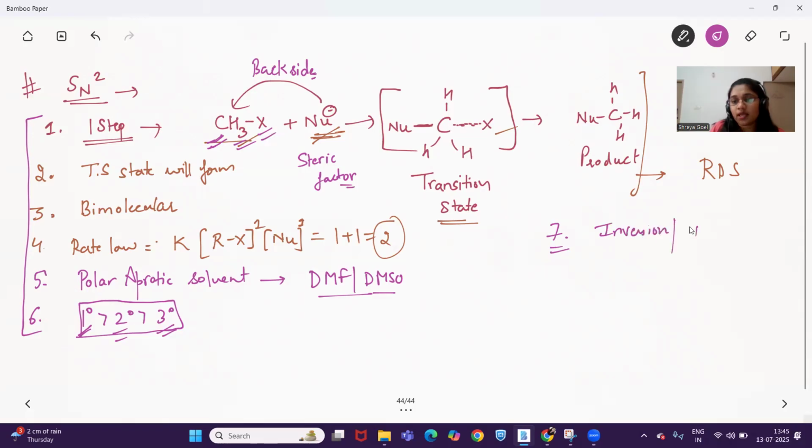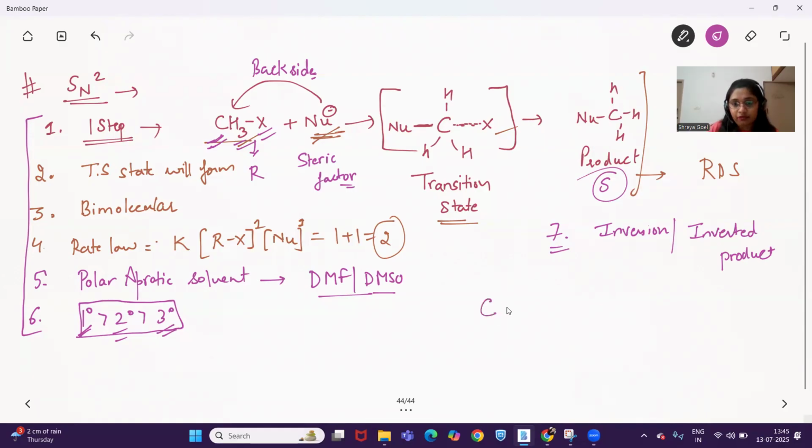For example, if the configuration of this compound is R, you will get product S, because nucleophile has attacked from the back side.